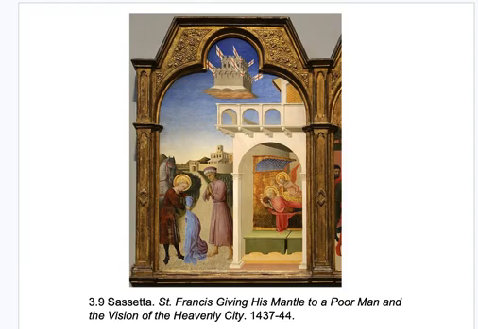The date on this one is 1437 to 44. Very similar time period to the one we looked at in the category of the sacred realm when we looked at Madonna Enthroned. And some of the similar characteristics we see in comparing those two, we can see they have halos around their head.